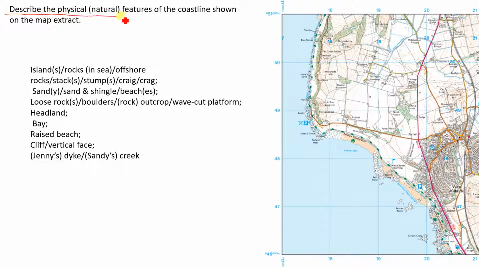Now, describe the physical, which are natural features of the coastline shown on the map extract. These are natural features, just like river features. What are natural features of a coast? Coasts usually have things like headlands. They have things like bays. If there's a headland, there's a bay, and usually a headland comes with a cliff. In bays, we have beaches.